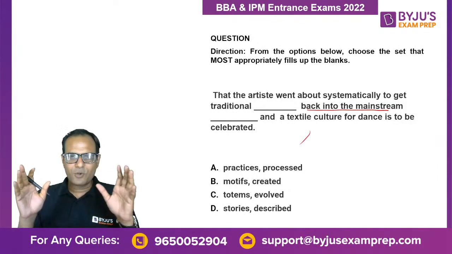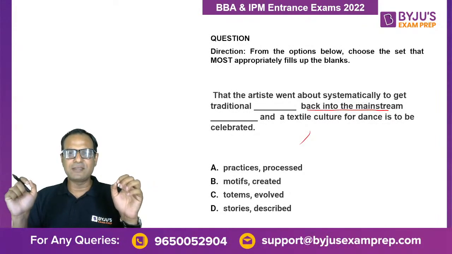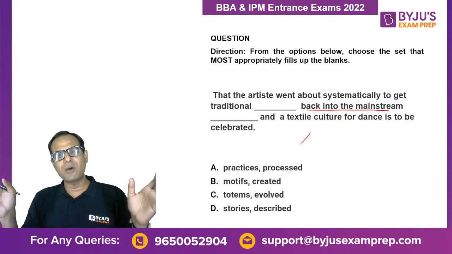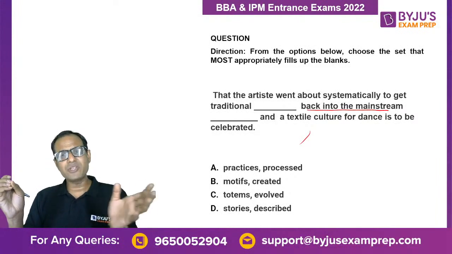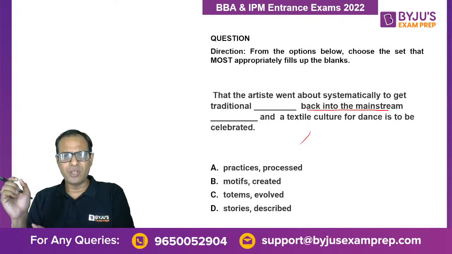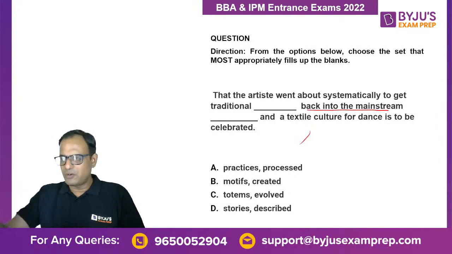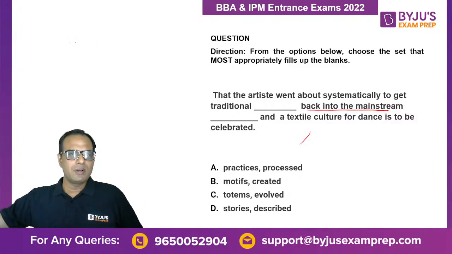So what is the question? The question is that the artist went about systematically to get traditional dash back into the mainstream dash. Right? Now imagine I'm saying get the work done.